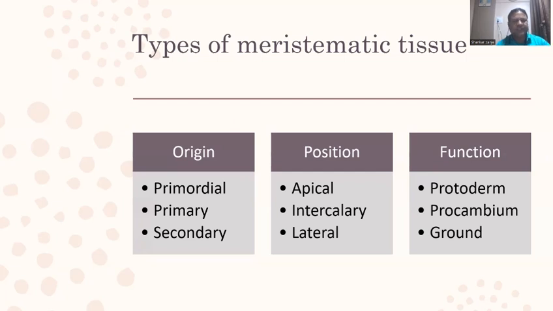So according to origin, there are three types: primordial, primary, and secondary. And just now we learned at the apex of root or shoot, there is an apical meristem. At the nodal, there is an intercalary meristem, and lateral side, there is a lateral meristem. And according to function, there is a protoderm, procambium, and ground meristem. So this is about the characteristics of meristem and their types.